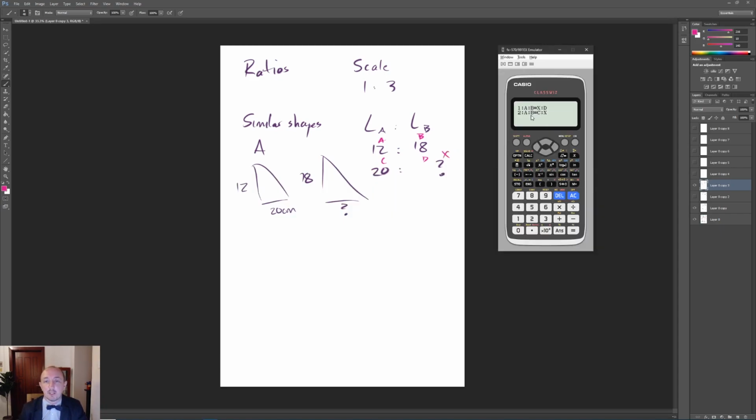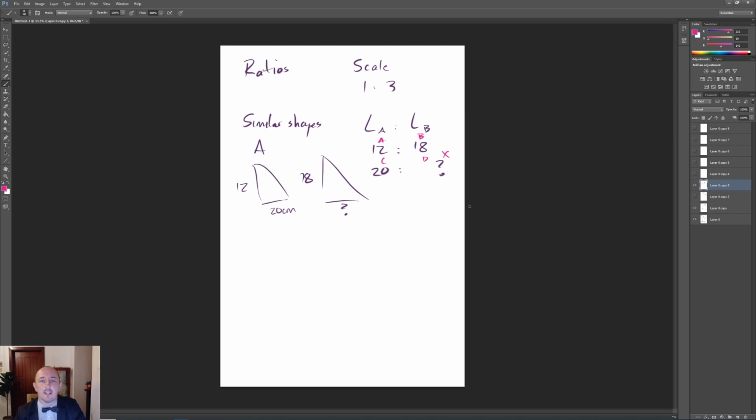And that's number 2. If it was going the other way around and it had given you the larger one of the two and said work out the smaller one, then you would choose option number 1 in this case. So we're going to choose option number 2. We've got a 12 to 18 ratio, and C is 20. So X, the missing one, is 30. Let's just check that.